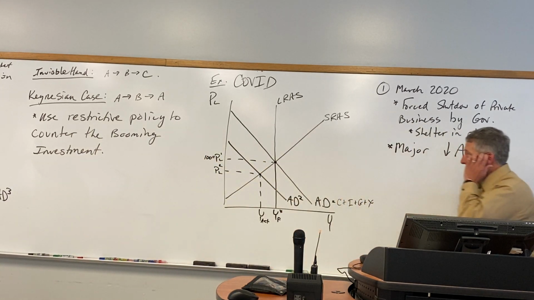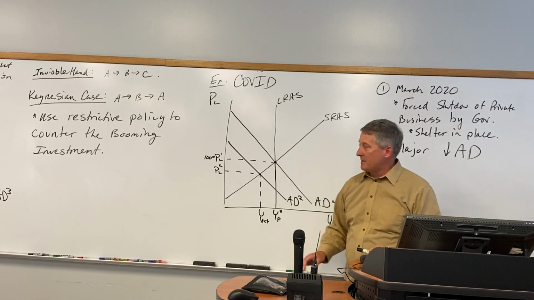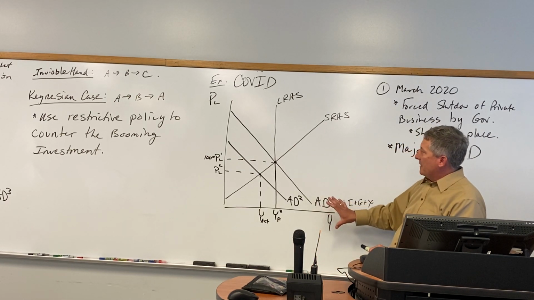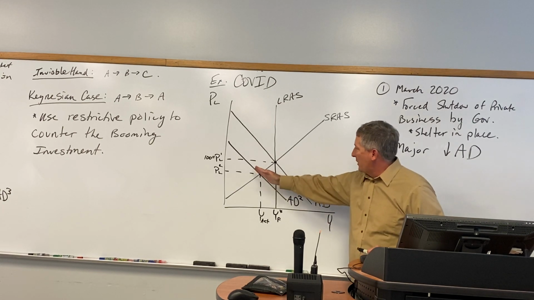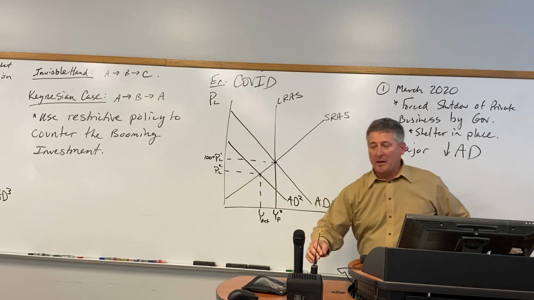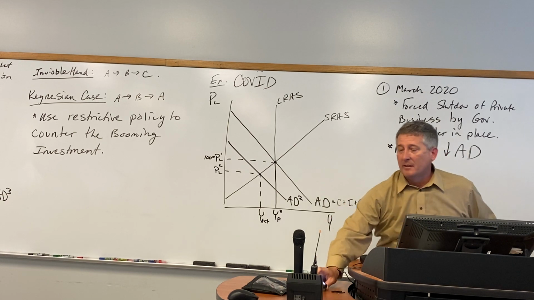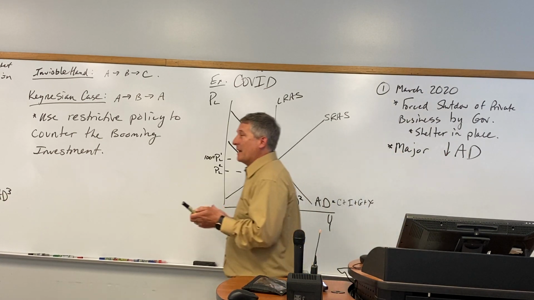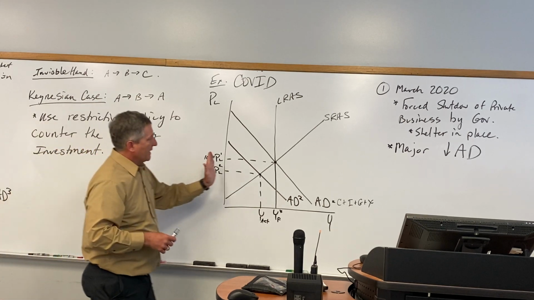All right, and then what did we do with the response to correct it? Did we let the economy correct itself to come back, or did we do something about it? We being the government. Did the government do something about it? It gave people money. Yeah, so this is the COVID spending that is going to give people some money to try to get that up.